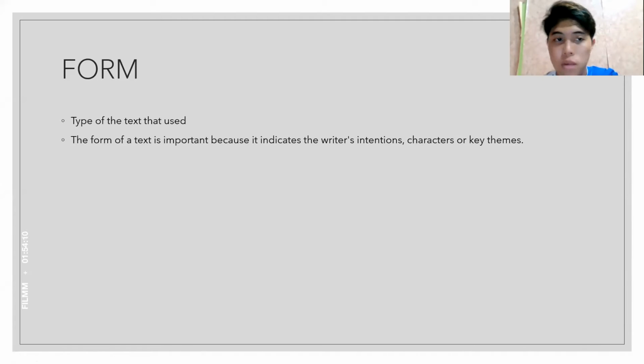What is form? The type of text that is used. The form of a text is important because it indicates the writer's intention, character, or key themes.